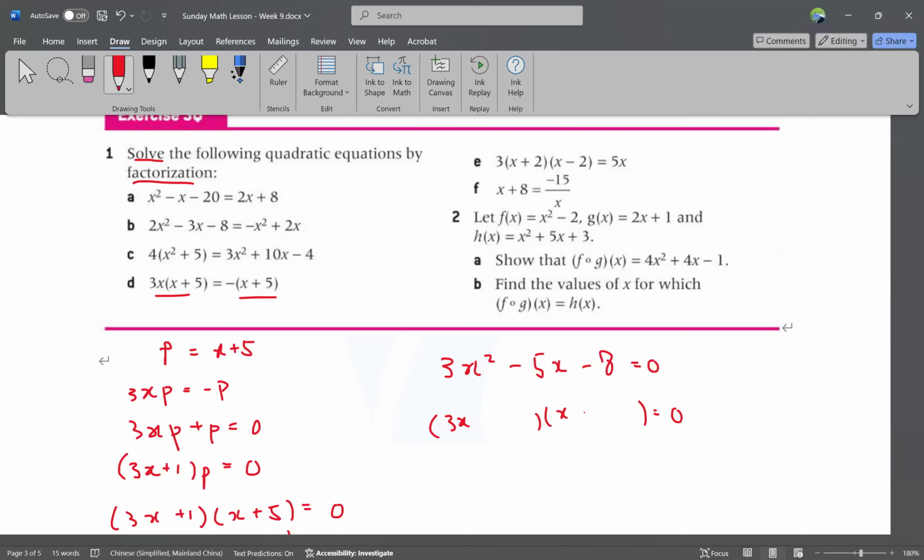And then I looked at which one times 3 would get me to negative 5. And it was 1 and 8, because if you do 3 times 1, it's 3, and then 8 minus 3 is 5. Oh, okay.